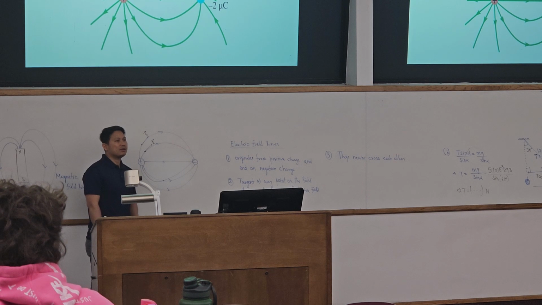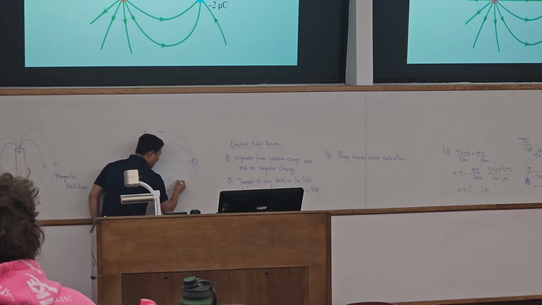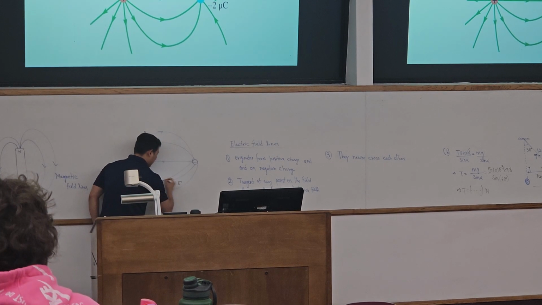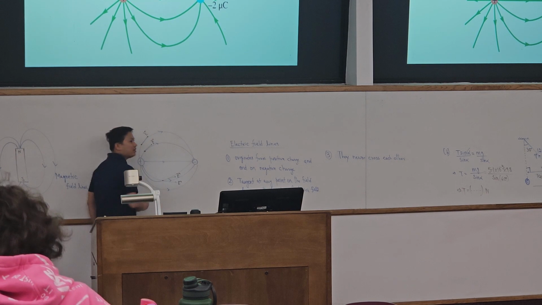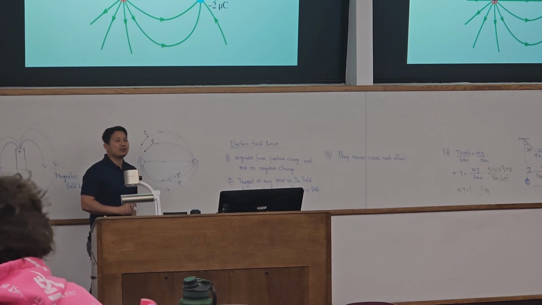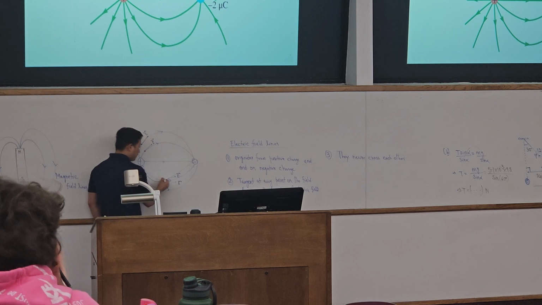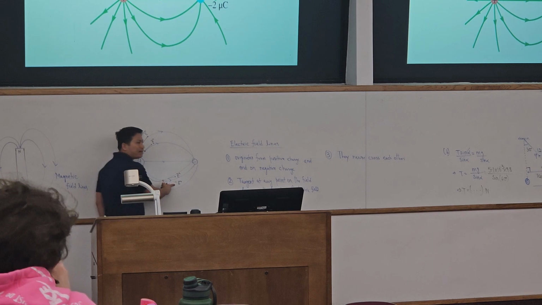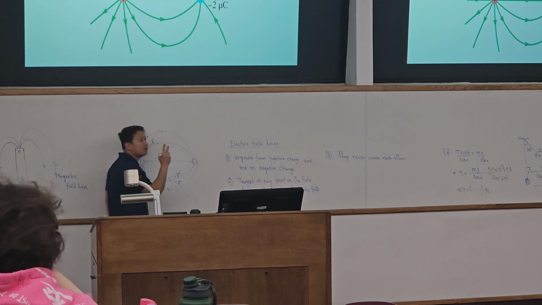Why? If they cross each other, I can draw two tangents at that point, because it's a tangent to this line and a tangent to this line. Electric field is a vector quantity. A vector cannot have two directions at a given point.